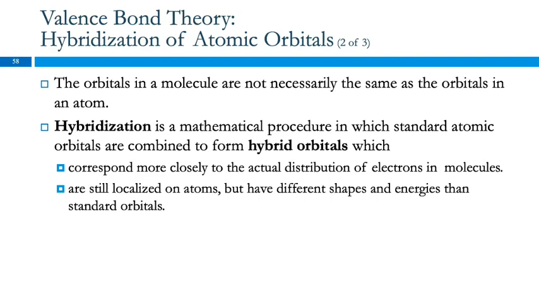This corresponds more closely to the actual distribution of electrons in molecules and fixes the problem that we saw in the last two examples. So these orbitals are still localized on individual atoms, but their shapes are going to be different and their energies are going to be a little different than the standard atomic orbitals.